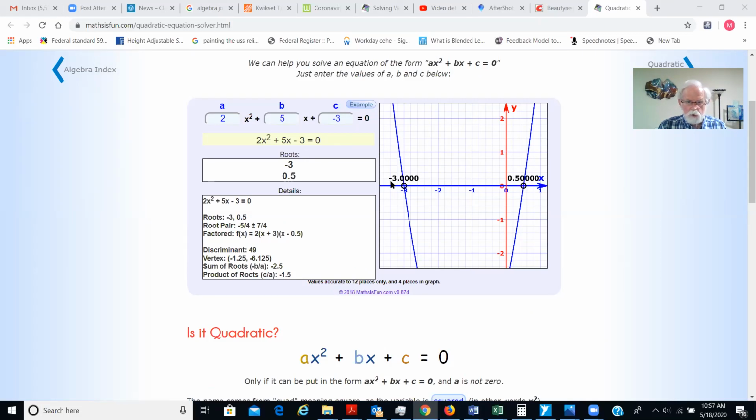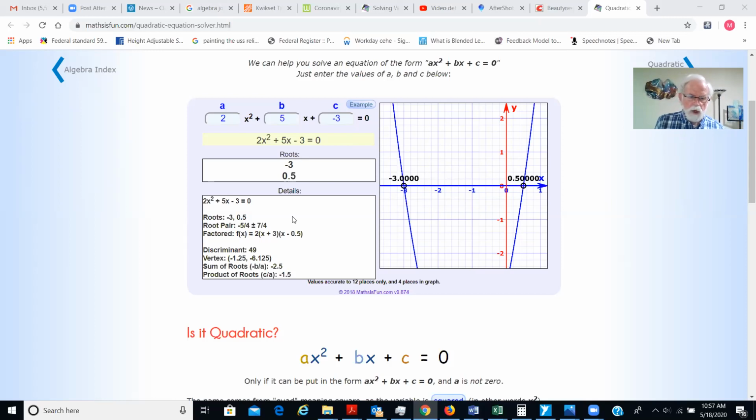Remember, there are 2 answers to every quadratic equation. And remember also that if we graph this equation, the graph should cross the x-axis at the point where y equals 0. Those are the solutions.